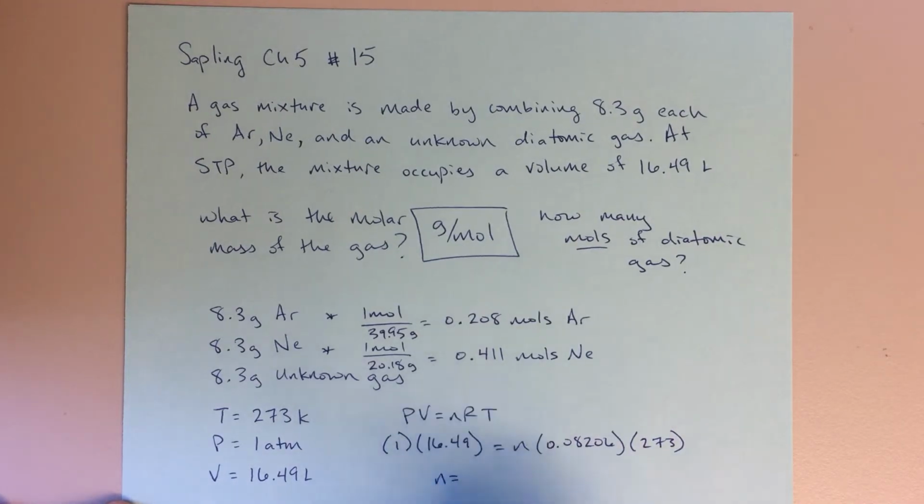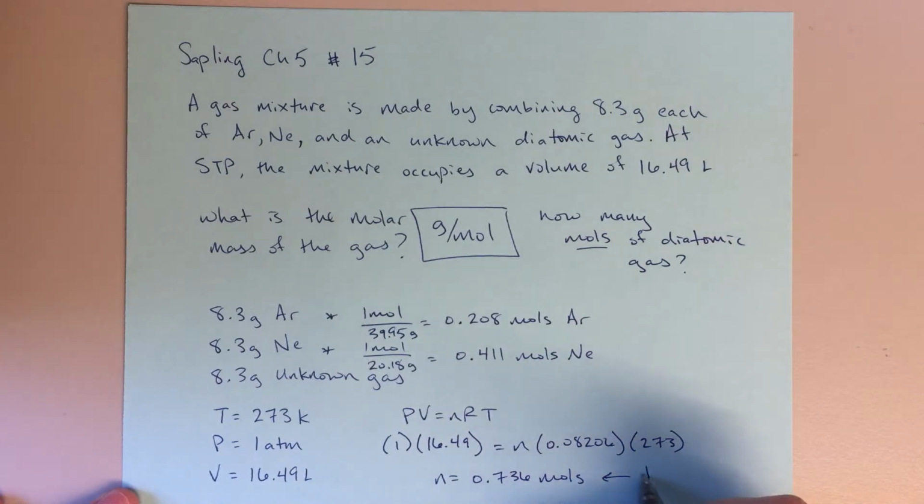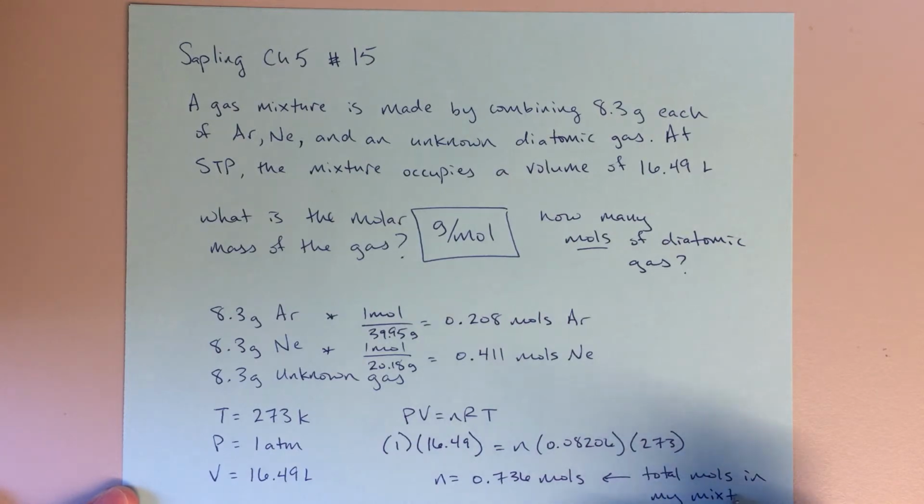So then if I solve for n, that's going to equal 0.736 moles. And again, doing that sort of notation thing, this is my total moles in my mixture.